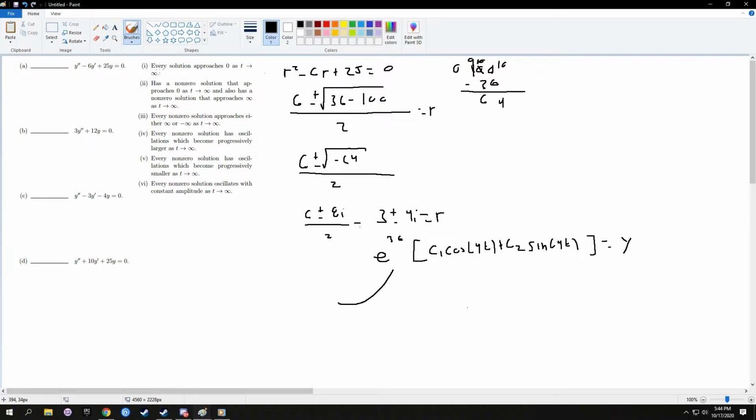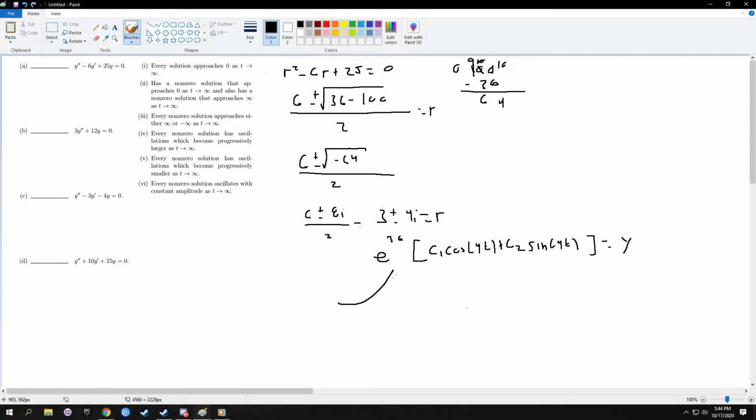So I want to read these options. Every solution approaches 0 as t approaches infinity. Not really, because we know this is going to oscillate. Approaches 0, not really this one either, because they're not approaching 0 or infinity, they're oscillating. Not this one either. This one though: every non-zero solution has an oscillation which becomes progressively larger.